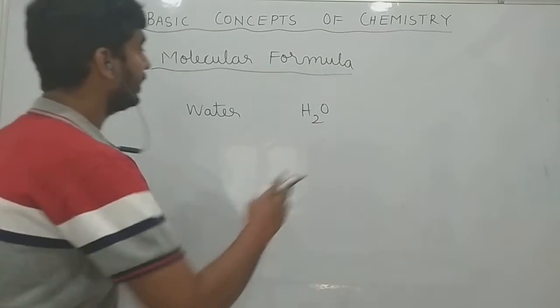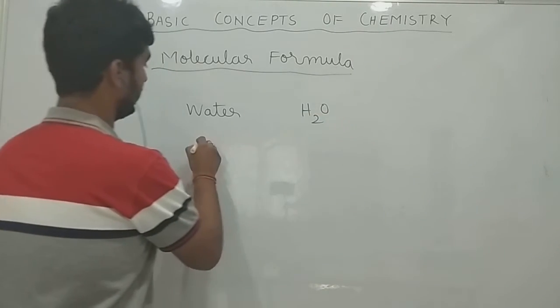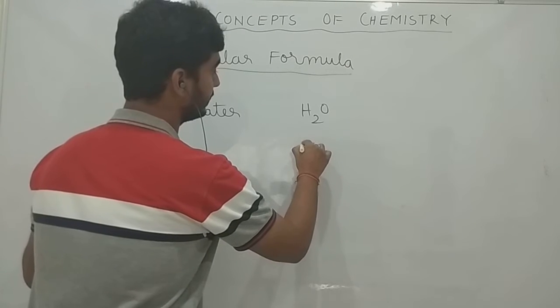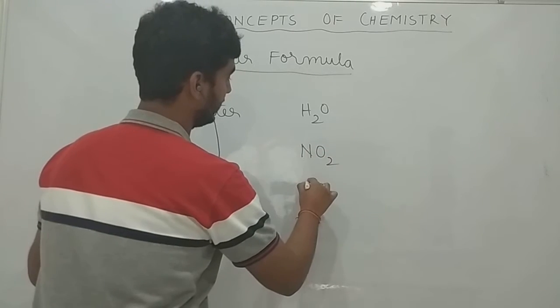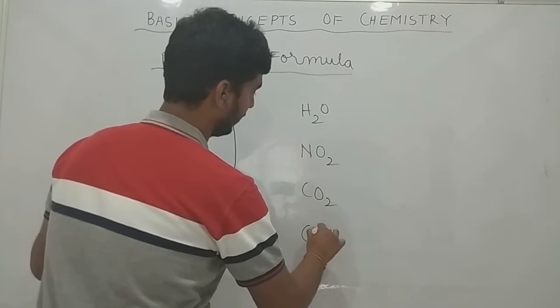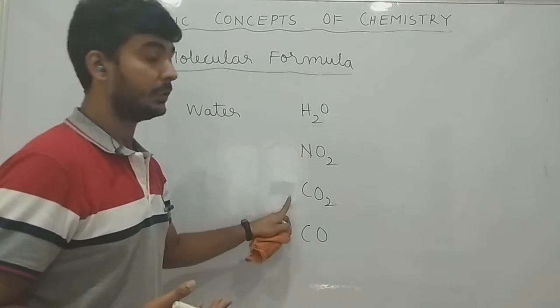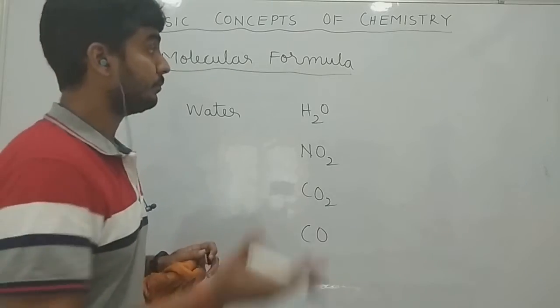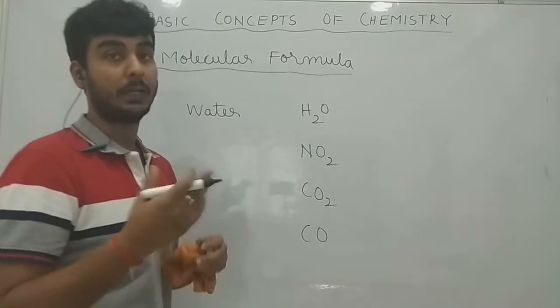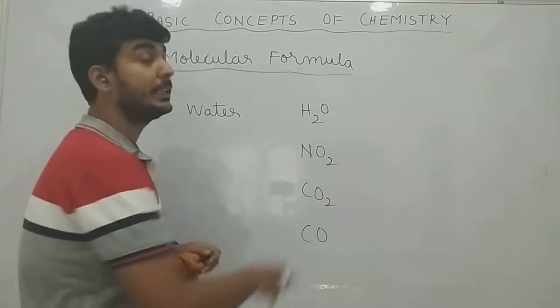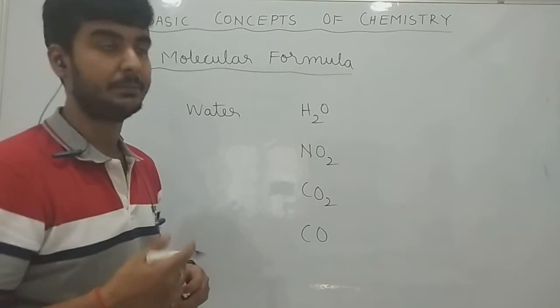Similarly, there are molecular formulas for different compounds like nitrogen dioxide, carbon dioxide, carbon monoxide. These are all molecular formulas showing you the elements present in one molecule of that substance along with the number of atoms of that element.